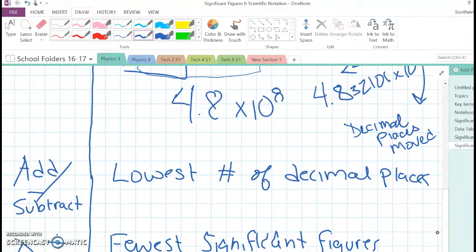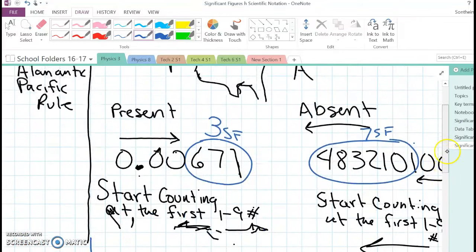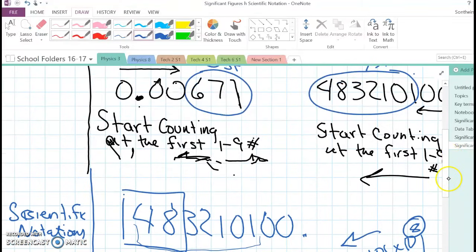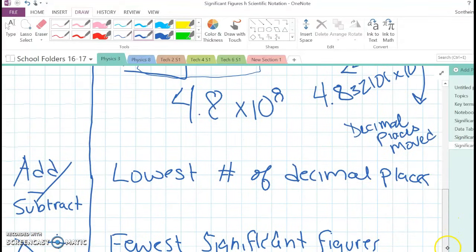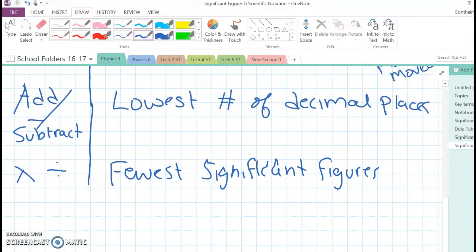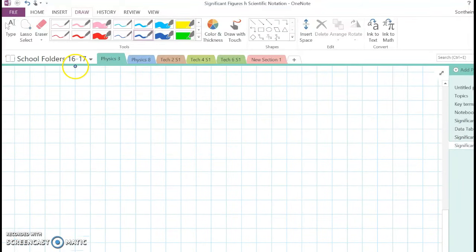We talked about adding and subtracting. We kind of jumped around. That was my bad there. I forgot we needed to add and subtract first. So if we go back, this is what we're talking about when it comes to adding and subtracting. If you have something with a lot of significant figures, I'm going to do some more examples here.